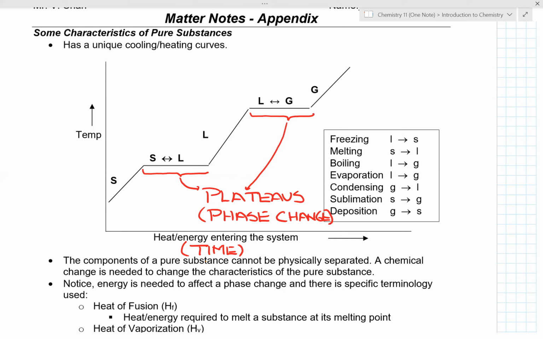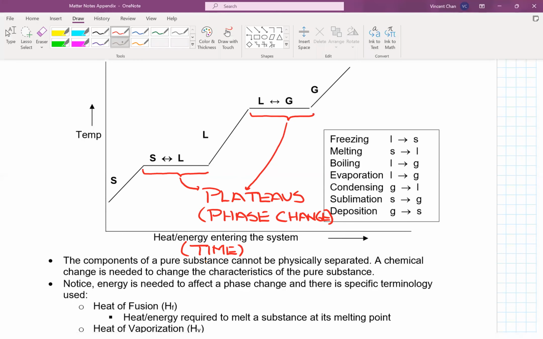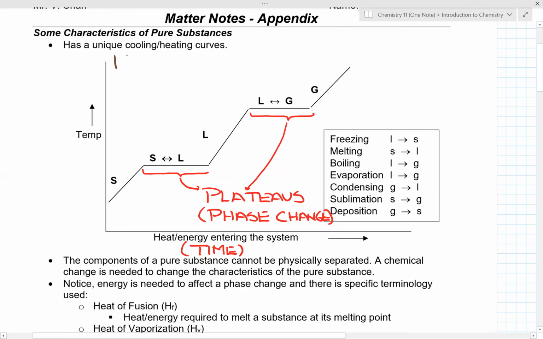Now, let me give you an example here. Let's say we had water. I'm using water because we are very familiar with it. It has a specific melting and freezing point of 0 and a specific boiling point of 100 degrees Celsius.